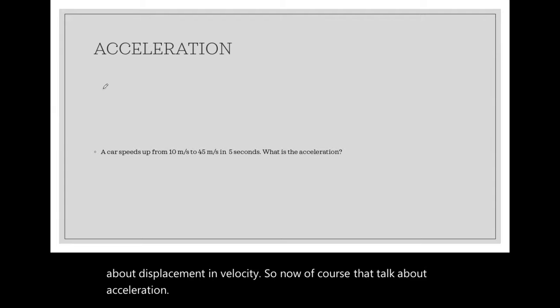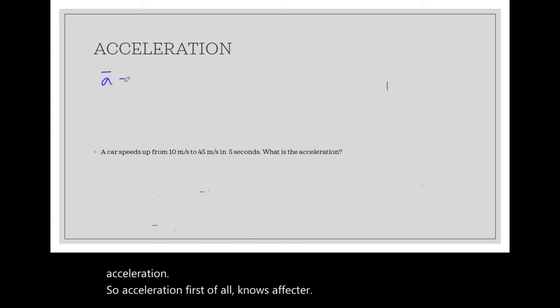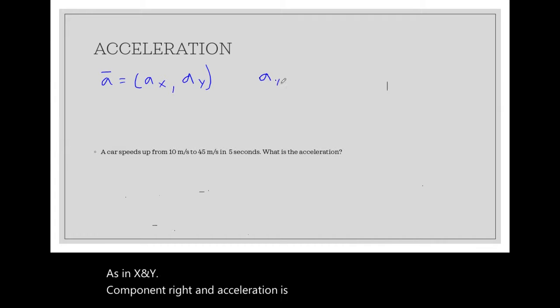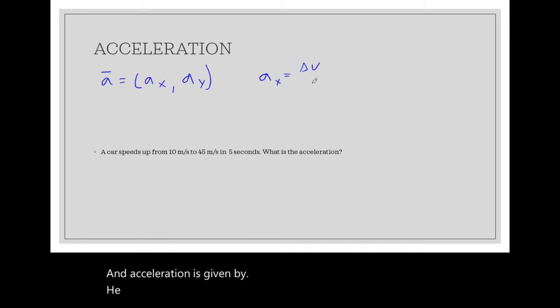So acceleration, first of all, we know it's a vector. So it has an x and a y component, right? And acceleration is given by the change in the velocity over the change in the time, right?